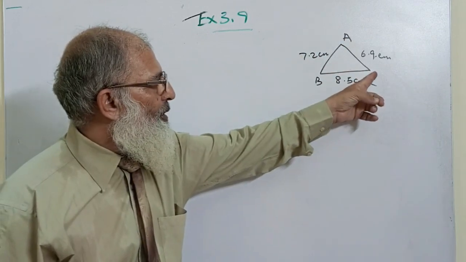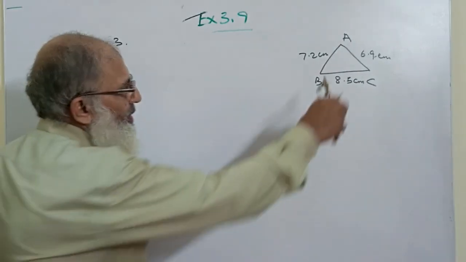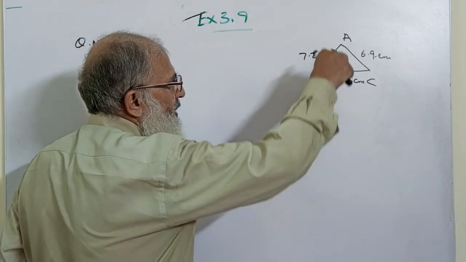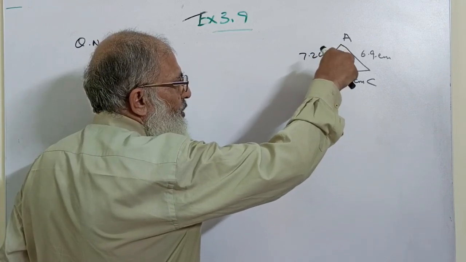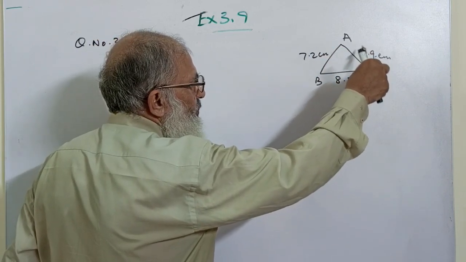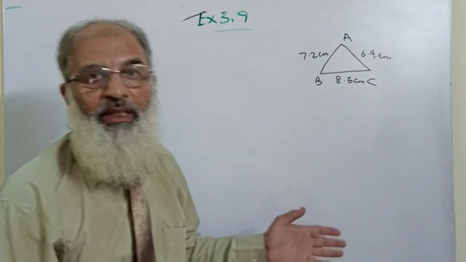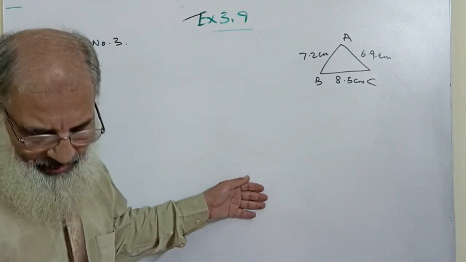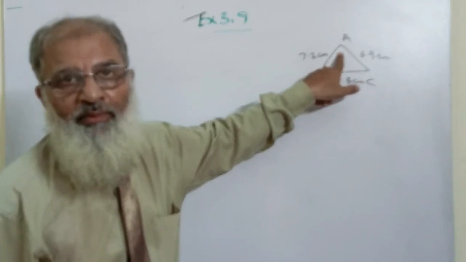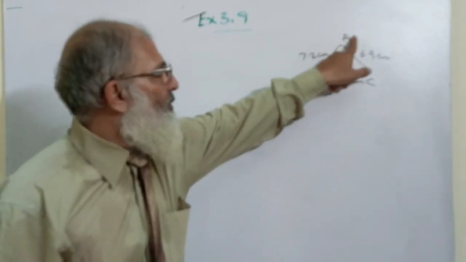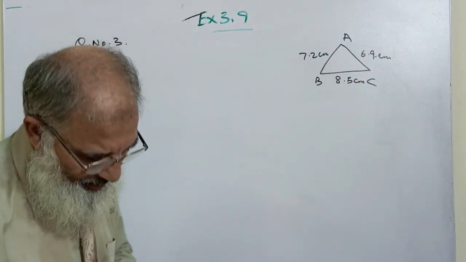Then at point C, you will set the compass and draw an arc which will cut the previous arc, just as I told you in my previous question. Then you will find a point A over here. You will join point A to B and point A to C, and you will get the required triangle.